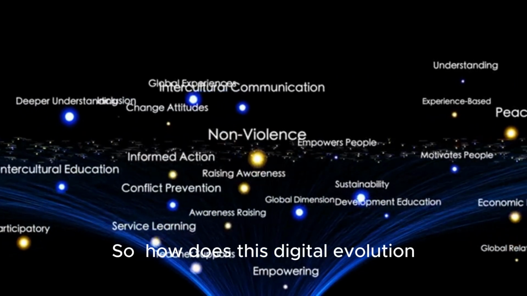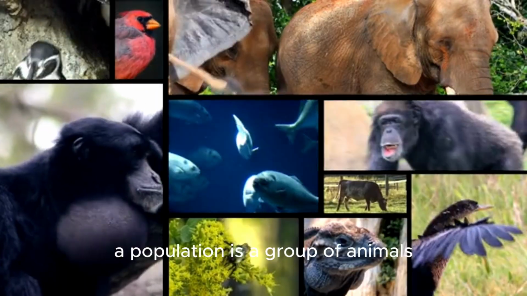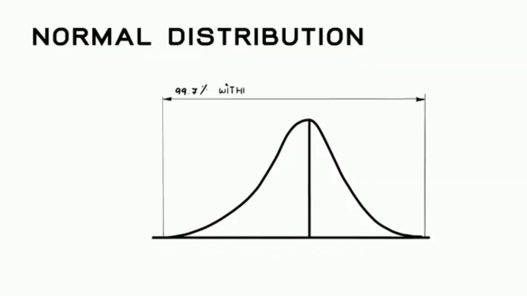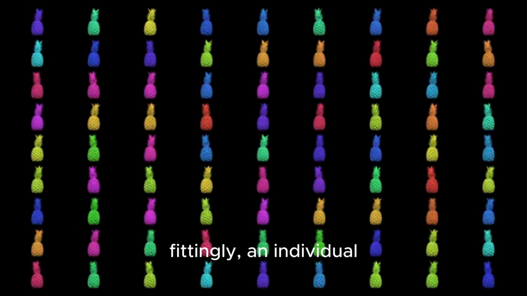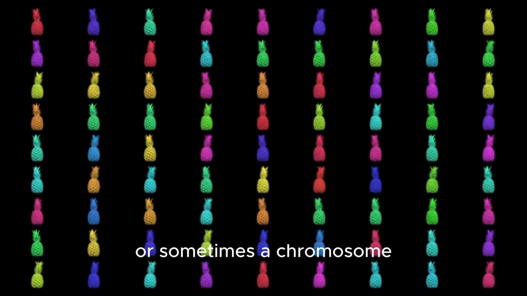It all starts with creating a population. In nature, a population is a group of animals. In a GA, the population is a collection of potential solutions to our problem. Each individual solution is called, fittingly, an individual or sometimes a chromosome.